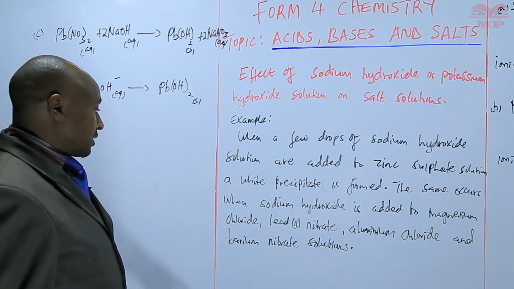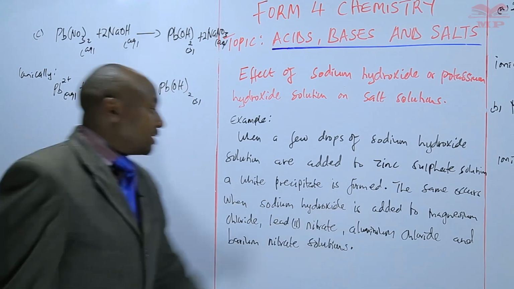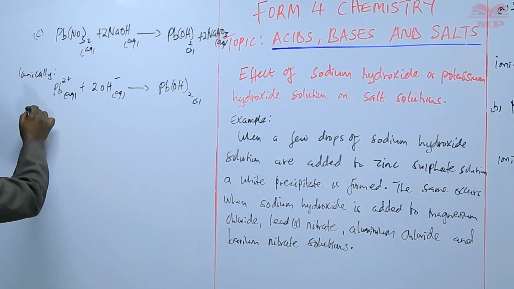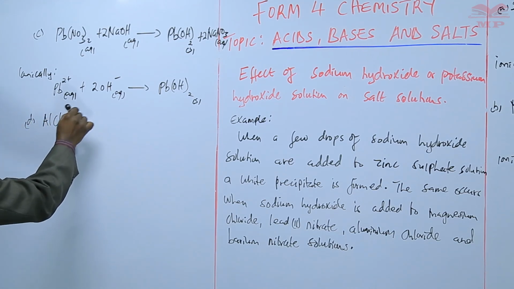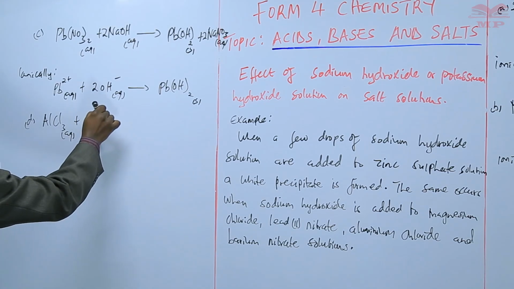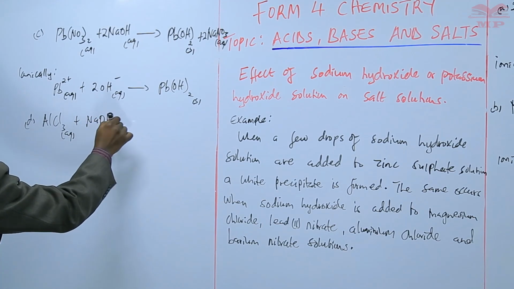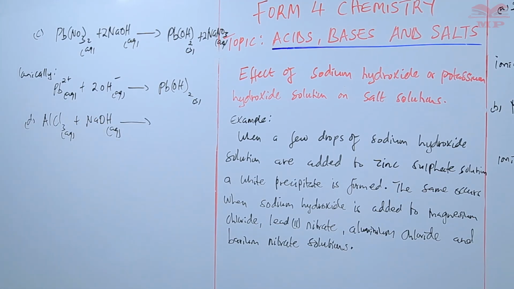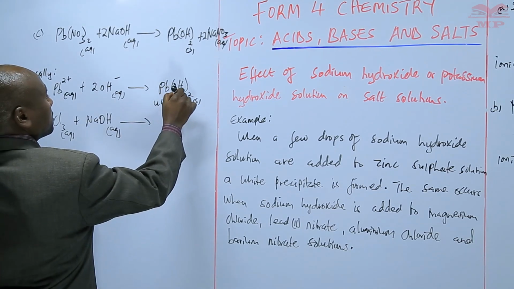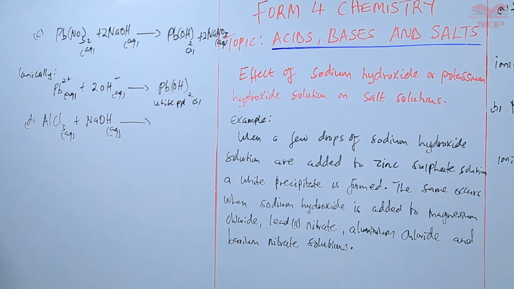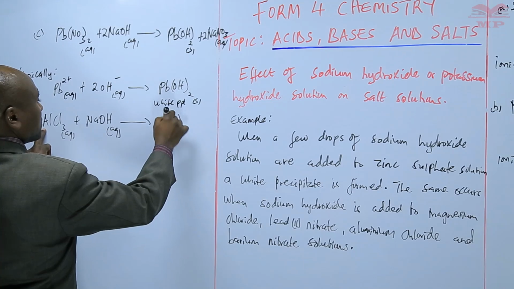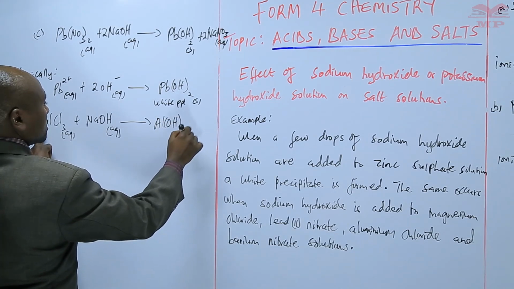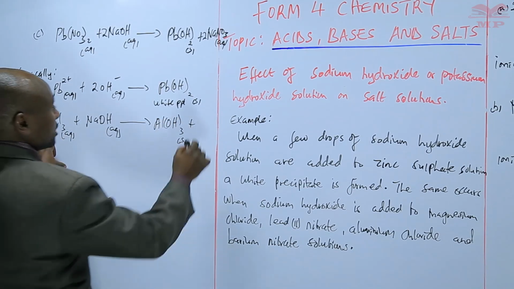And we also have aluminium chloride solution. We add sodium hydroxide to them all, and we are getting a white precipitate in all. So here we'll have aluminium hydroxide, which is a solid, plus sodium chloride.